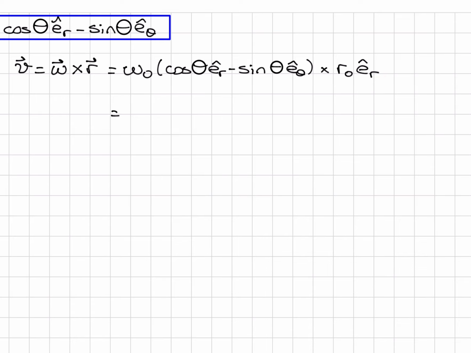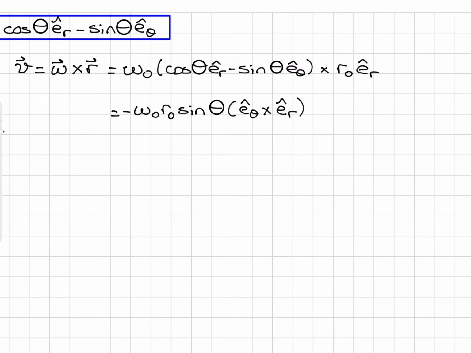So I'm going to get minus omega 0 r0 sine theta, e theta hat cross product with er hat.